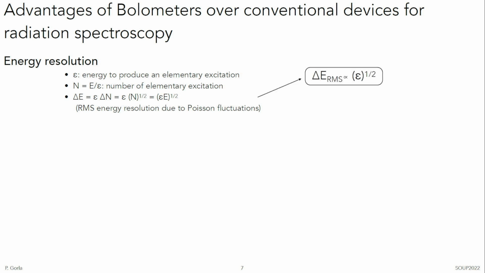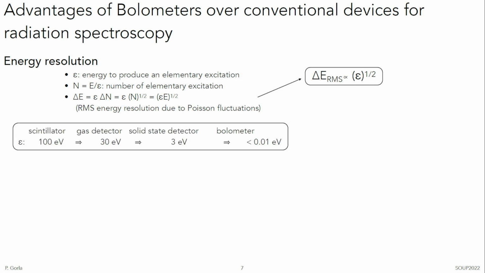So when you look at the enlargement of the energy due to the square root of the number of carriers, this gives you an extremely small number, and this is why you immediately get an extremely good energy resolution.